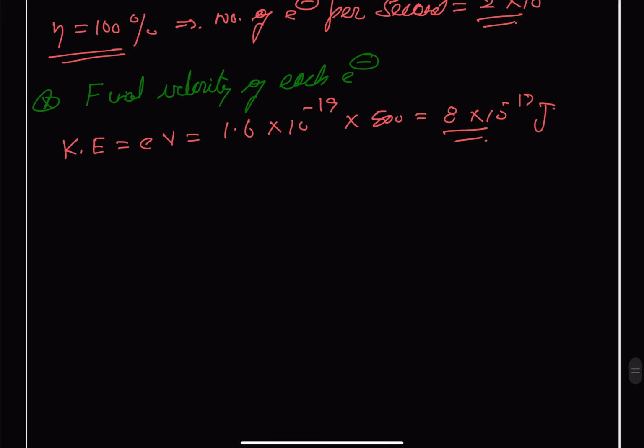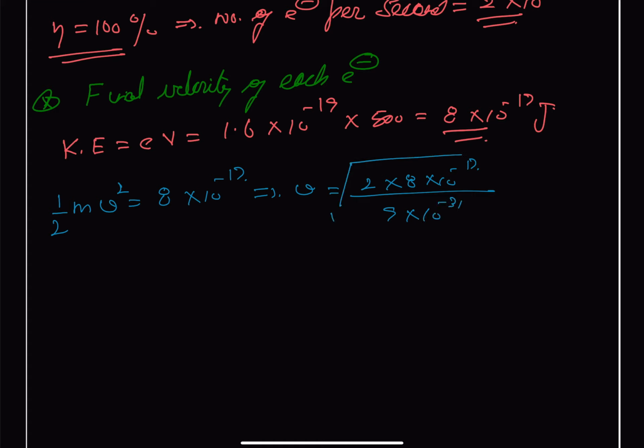This is nothing but half mv square, so half mv square is equal to 8 into 10 to the power minus 17. This gives us that the velocity v will be the square root of 2 into 8 into 10 to the power minus 17 divided by the mass 9 into 10 to the power minus 31. This comes as approximately 1.33 into 10 to the power 7 meter per second.